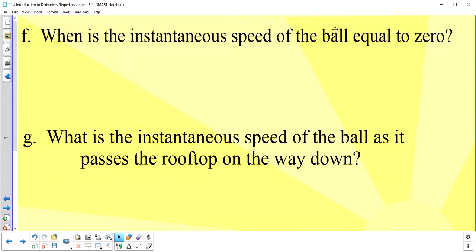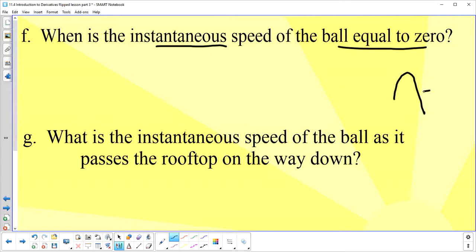Okay, and the next part, when is the instantaneous speed of the ball equal to 0? So think about the ball's flight path here. It's going to go up, it's going to slow down at that point, and then it's going to turn around and come down until we hit the ground. So here our speed would be positive because it's going up, here our speed would be negative, which means our speed is 0 right here at the vertex.